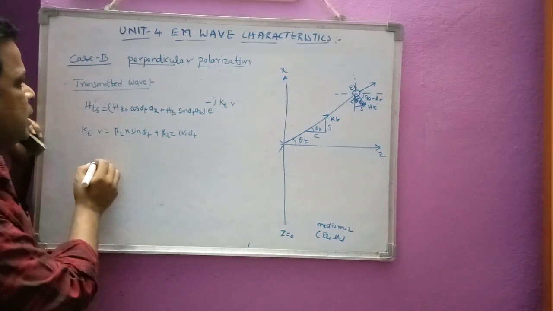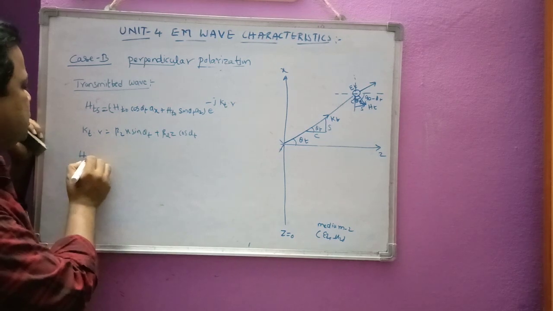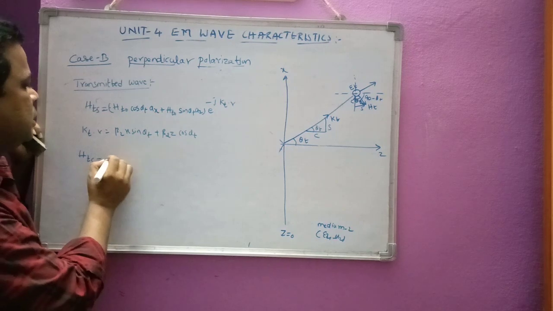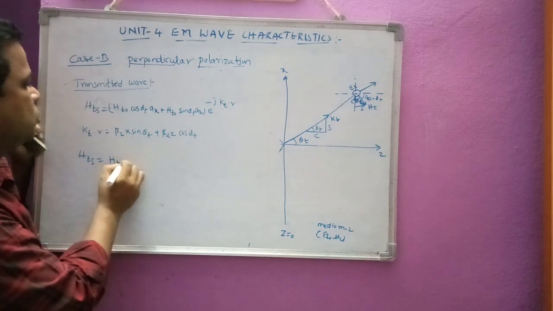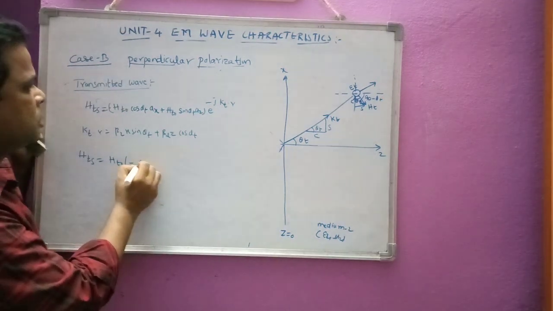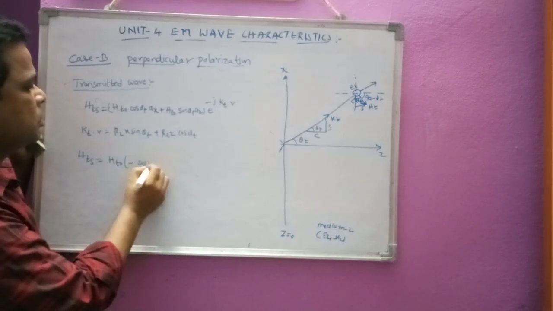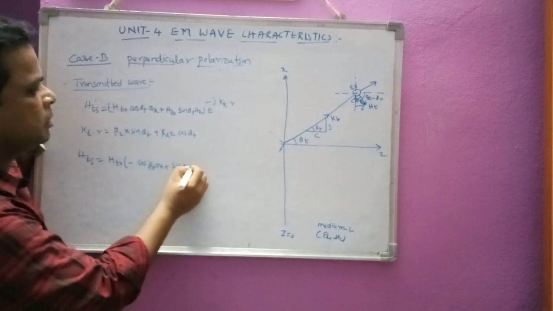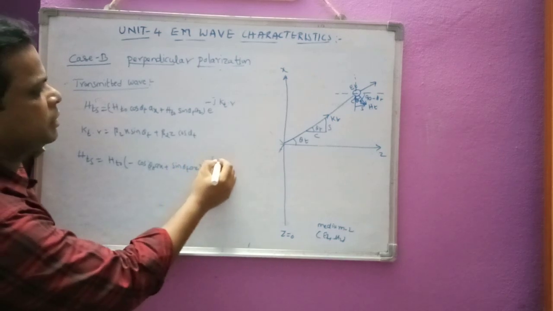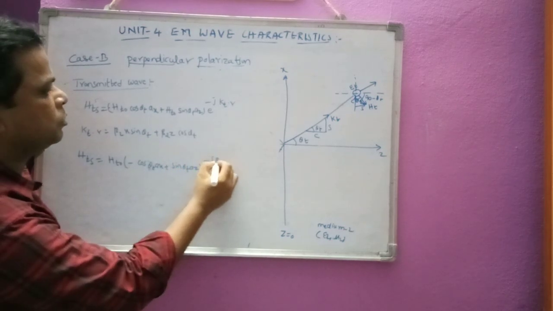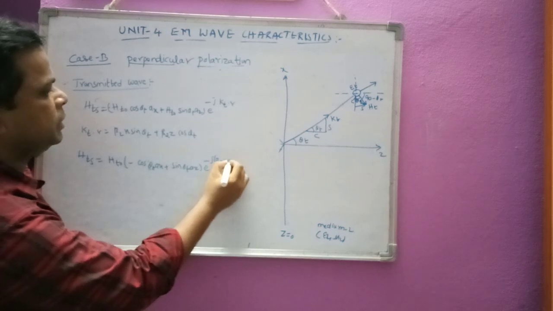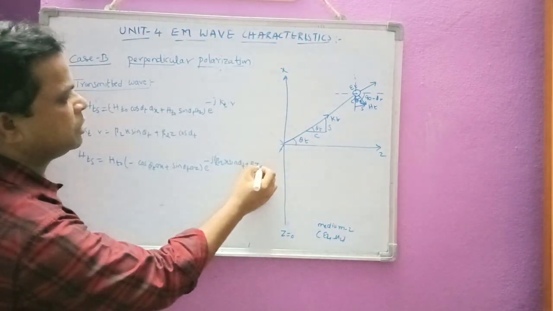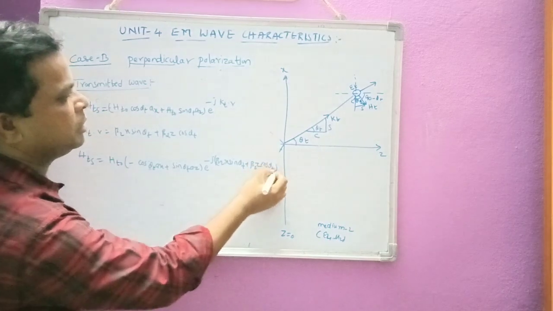Now the final expression: HTS is equal to, taking HT naught common, HT naught into minus cos theta t ax plus sin theta t az into e power minus j beta 2 x sin theta t plus beta 2 z cos theta t.